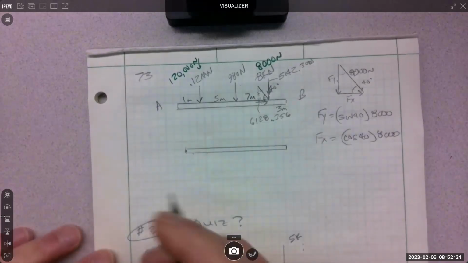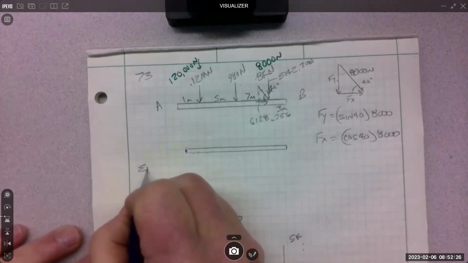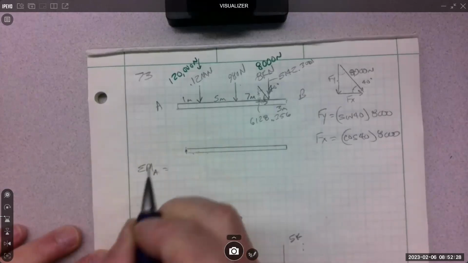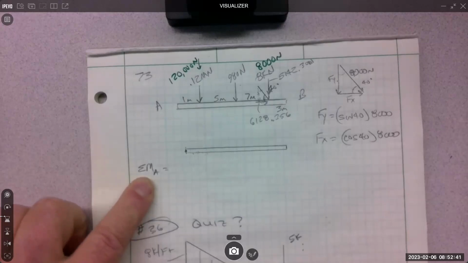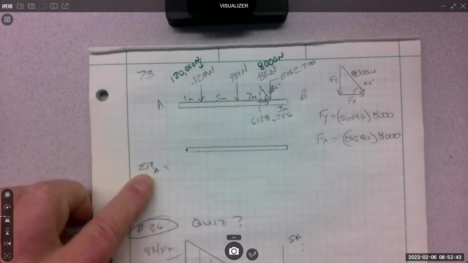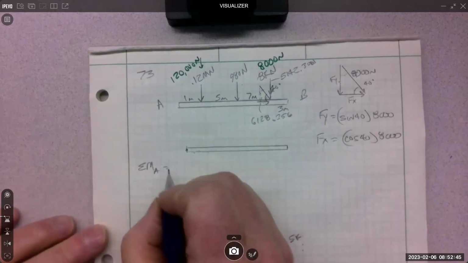I'm going to write it out in long form, and I'm going to use good notation, summation of moments at A. If that's not on your paper, it's got to be there, or else I don't know where you're doing your moment. So you've got to somehow tag where you're doing your moment in the equation. I'm just going to write it all out.